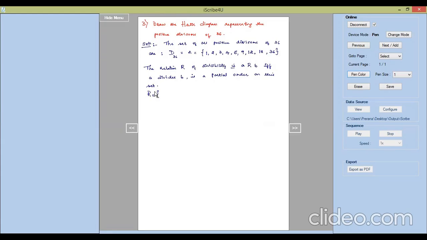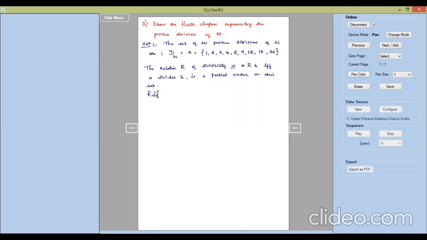So how to write down divisibility? We have seen the last two problems also, so based on the same thing, we can write it down. We know that 1 is related to 1, 1 is related to 2, 1 is related to 3, etc., up to 36.